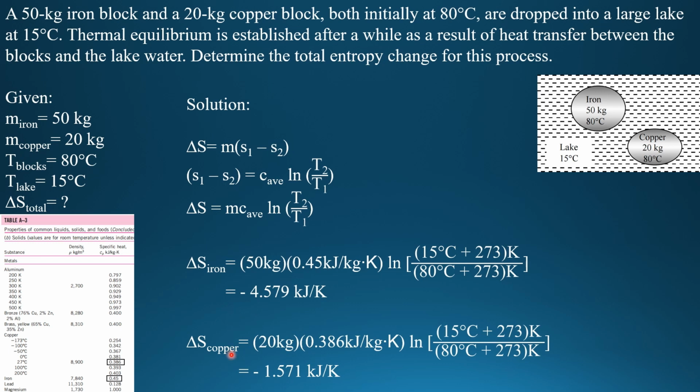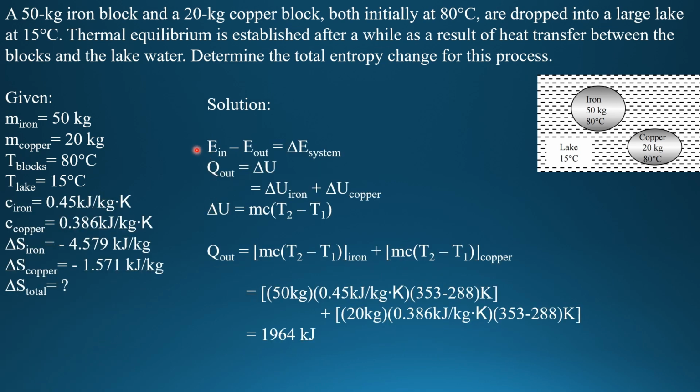Next is the copper block, that is equal to 20 kilograms times 0.386 kilojoules per kilogram Kelvin times the natural log of 15 degrees Celsius plus 273 Kelvin divided by 80 degrees Celsius plus 273 Kelvin, that is equal to negative 1.571 kilojoules per Kelvin.